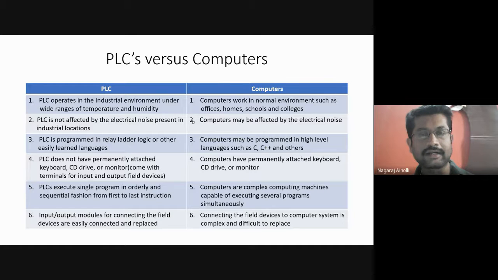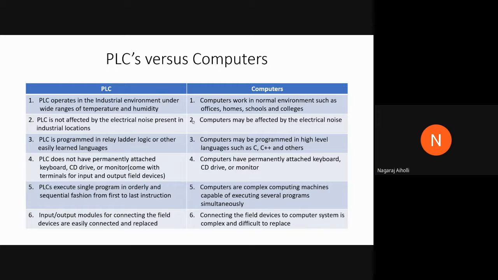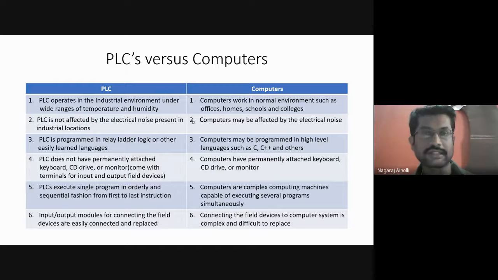PLC does not have a permanently attached keyboard or CD drive or monitor, whereas computers come with everything assembled: the CD drive, the keyboard, the monitor. PLC executes a single program in sequential fashion, from the first to the last instruction.